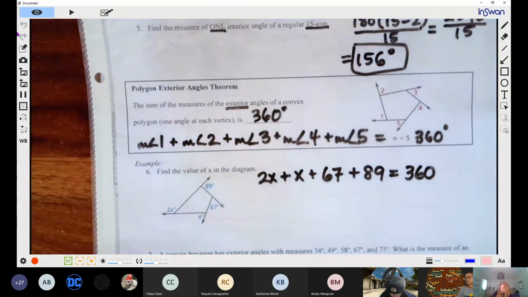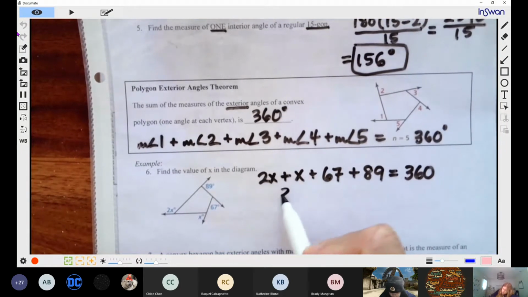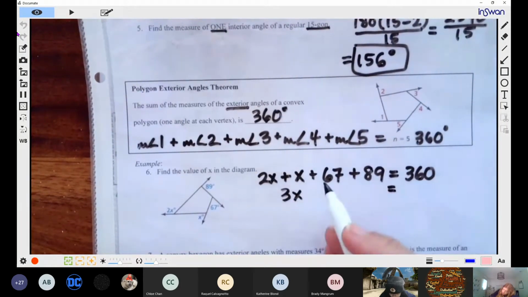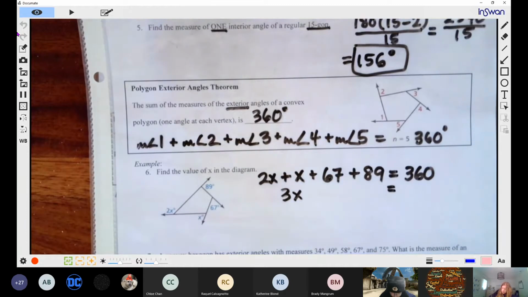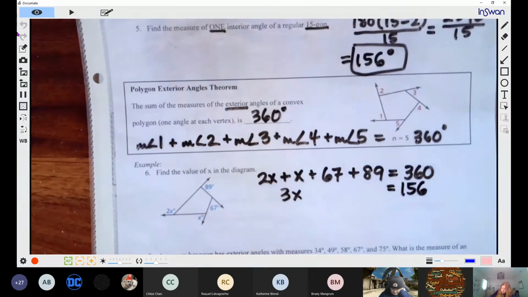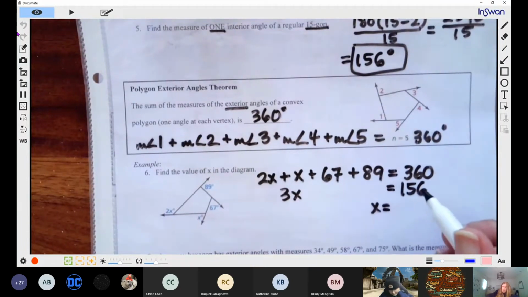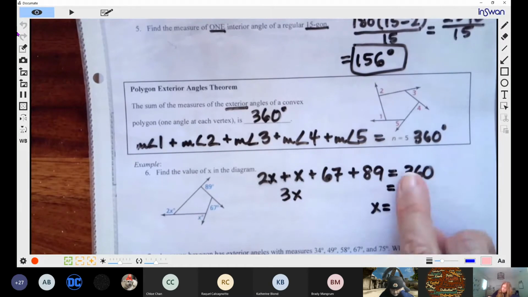So now your regular algebra is going to kick in. Your like terms are going to be here. You're going to subtract that from both sides. 67 plus 89, I don't have my calculator with me. 156. Thank you. You guys are the best. So when you subtract 156, what do you get? 204.